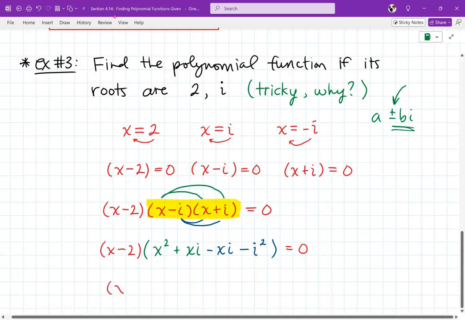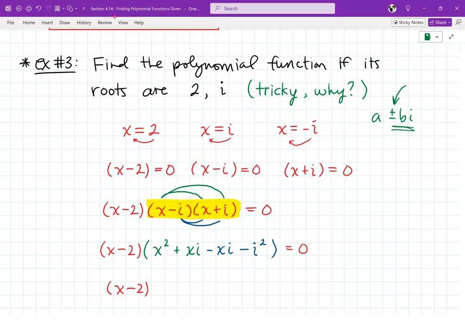So this is going to be x minus 2. What happens to the middle terms in that multicolored one? They're gone. These cancel. And what happens to the minus i squared? The i squared becomes a negative 1, so it's minus a negative 1.